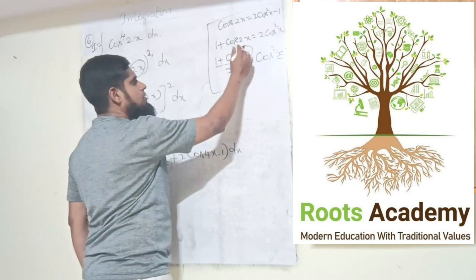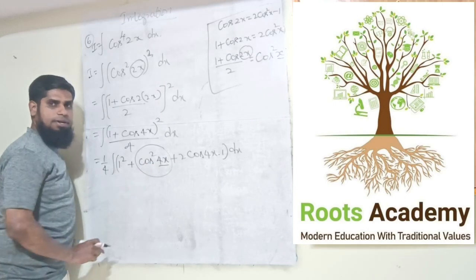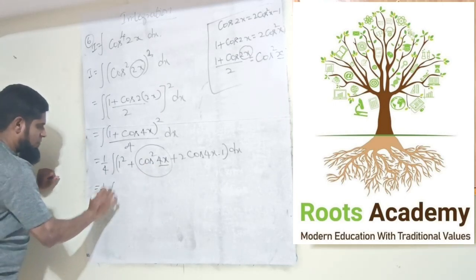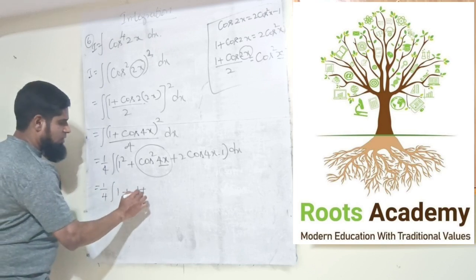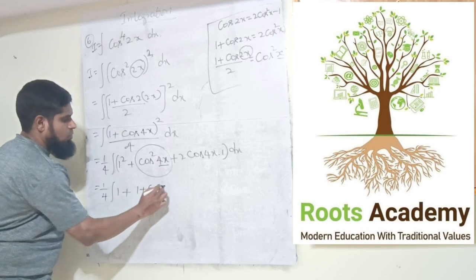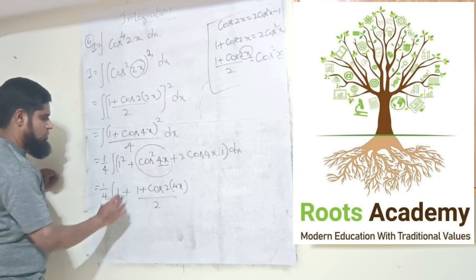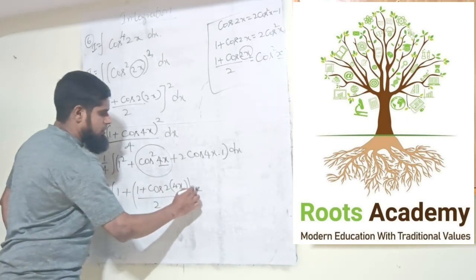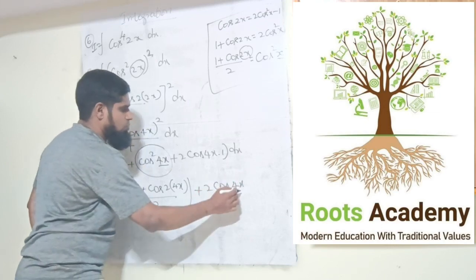There is a 2 here, so this 2 gets multiplied by 4x. So 4 2s will become 8. So I will write the direct formula. 1 by 4, integral of 1 square is 1, plus 1 plus cos 2 times 4x whole divided by 2, plus 2 cos 4x into 1 is 2 cos 4x.